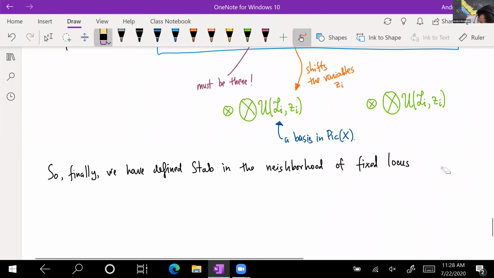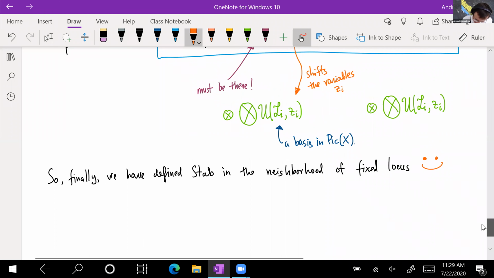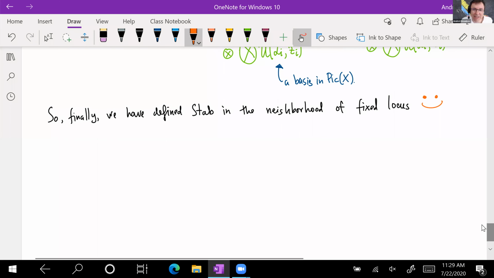So now it remains to extend it to the whole thing.